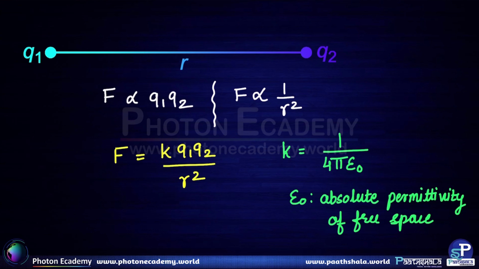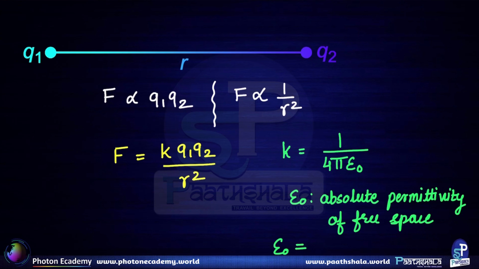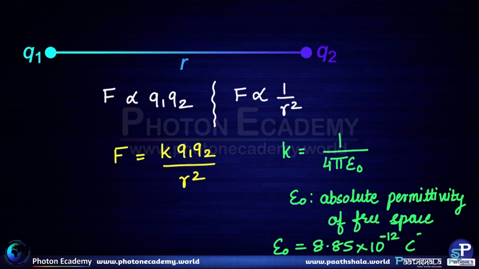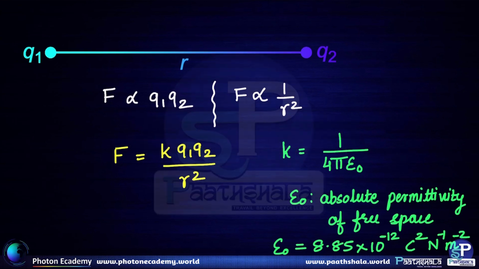The value of epsilon naught in SI units happens to be equal to 8.85 into 10 raised to minus 12, and from the formula for the force we can say that the unit is going to be Coulomb square Newton minus 1 meter raised to minus 2. So this is the SI unit value for the absolute permittivity of free space, often called just the permittivity of free space.